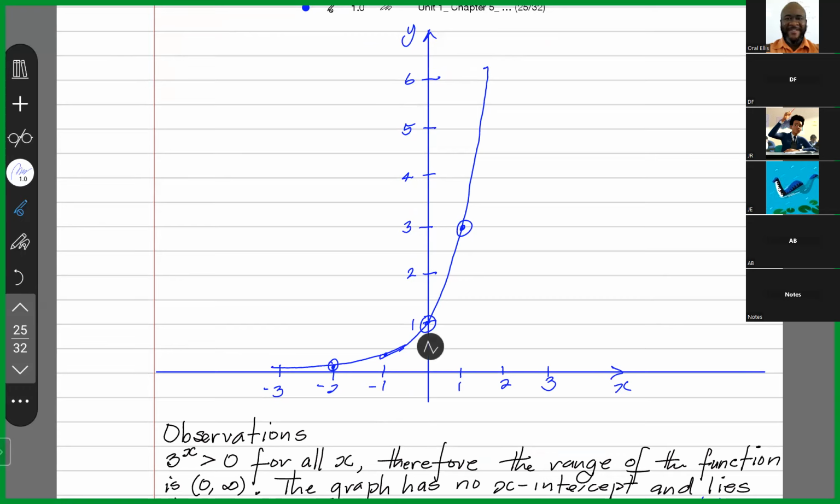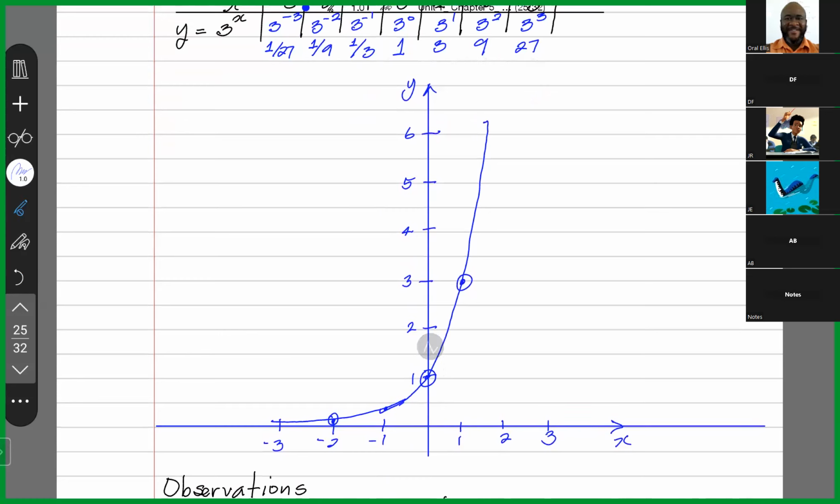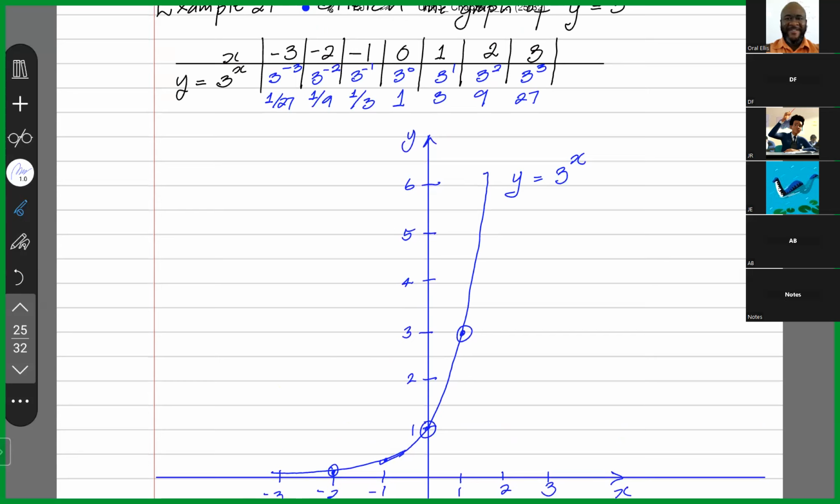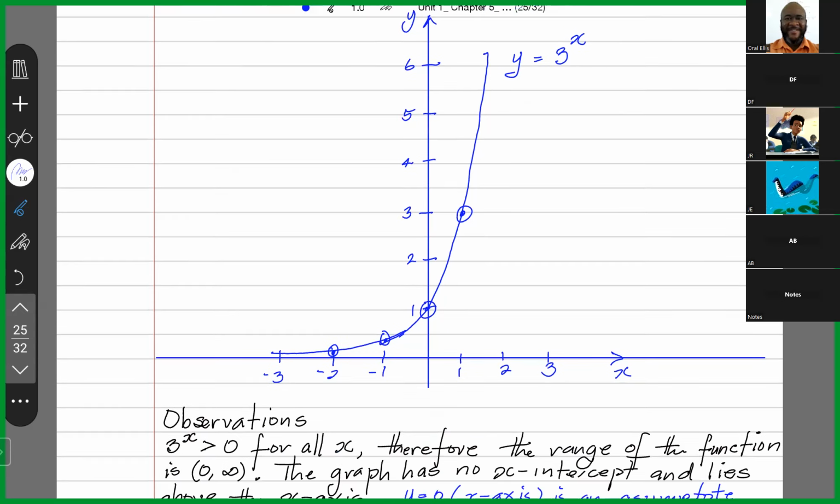All right, so it's something like that. And this would be my graph of y is equal to 3 raised to the power x. We're asked to do a sketch, and a sketch is what we did.